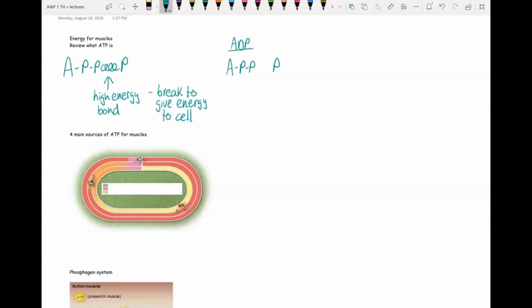Then the cell regenerates this. So remember, these 2 things go to the mitochondria and you reattach that phosphate. And you're back to having ATP. So the basics of getting ATP is you just attach a phosphate to an ADP.